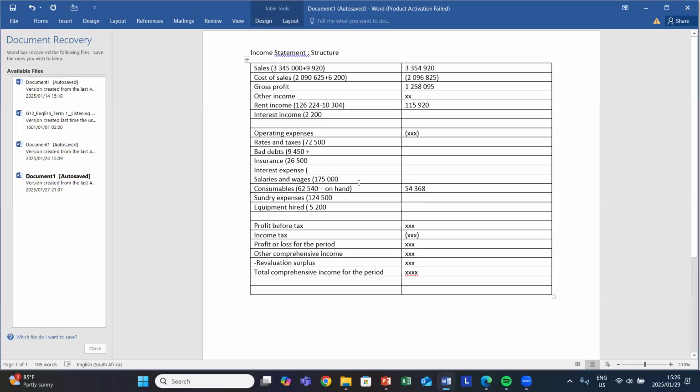You can even calculate the one that was on hand, that they minus here. It will be just the difference between the two amounts. On hand, you can simply look for the difference between the two amounts. Meaning 62,540 minus 54,368.